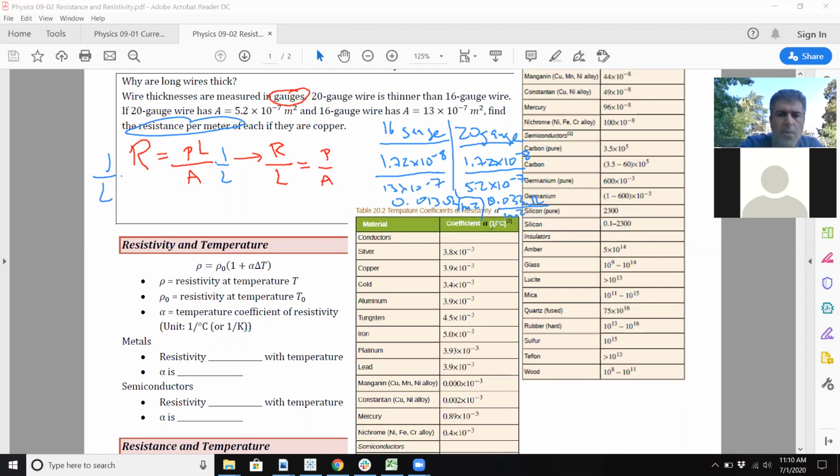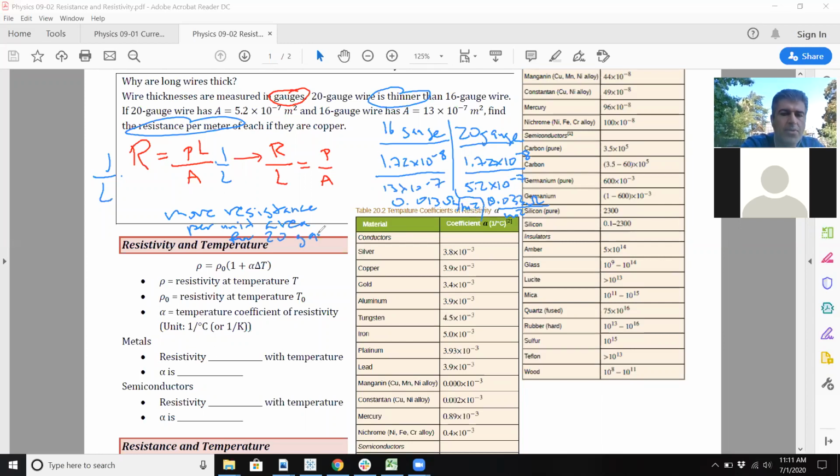So the 20 gauge wire, which is thinner, has more resistance per meter.